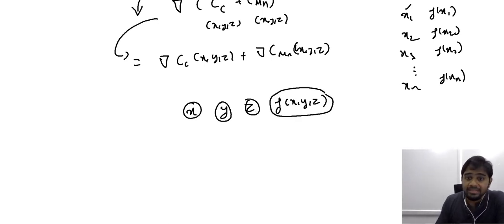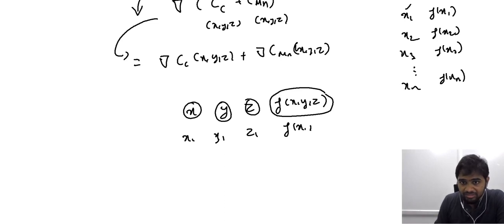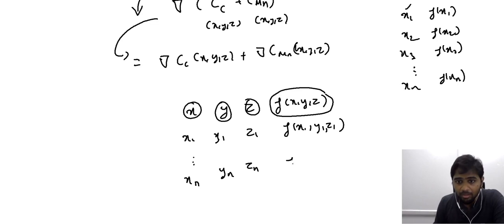Now in this case, the data set that we have would look something like this: x1, y1, z1, and you have the yield strength that is dependent on x1, y1 and z1. So this will continue, and we will have n such data points, where all these three are contributing to the yield strength of your ultimate alloy.